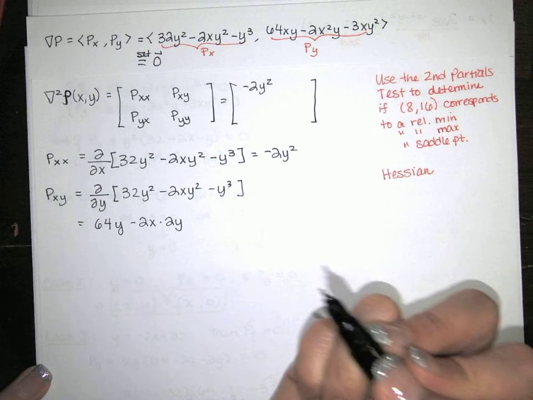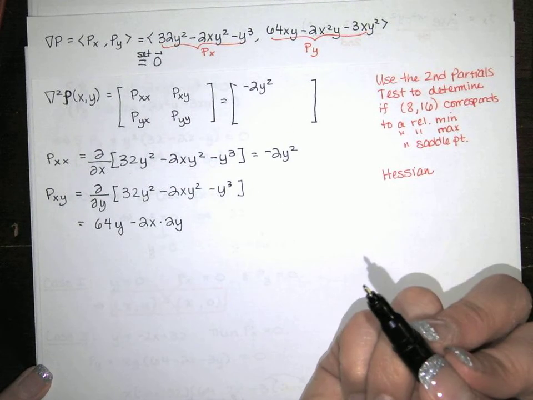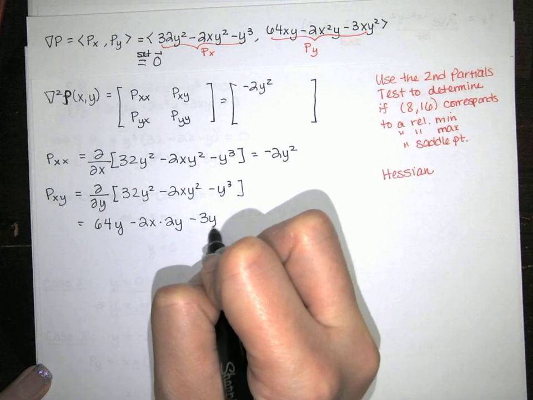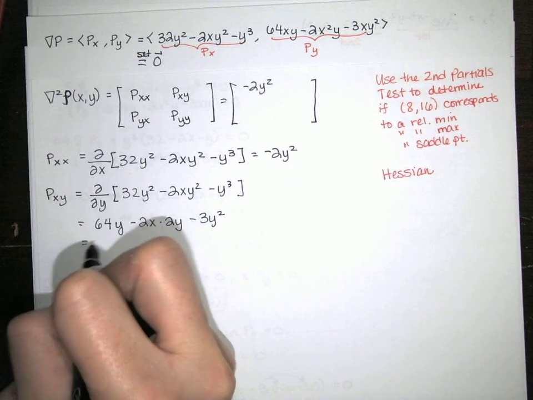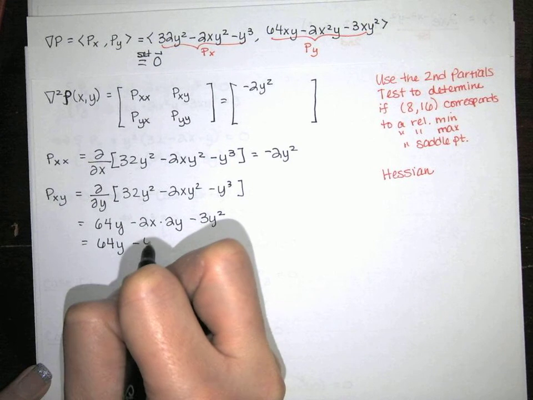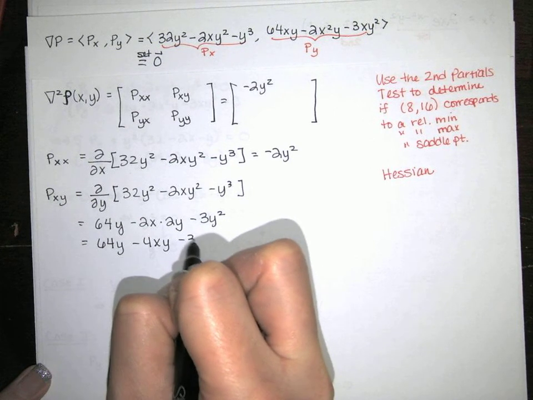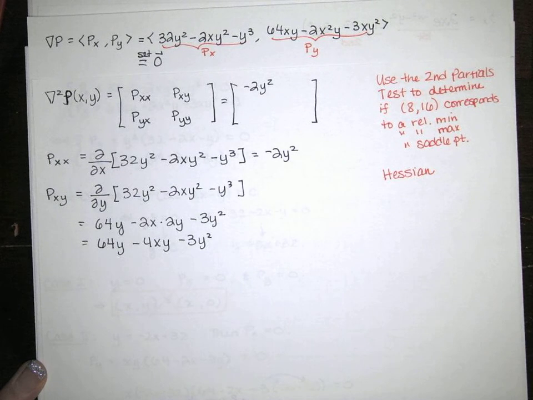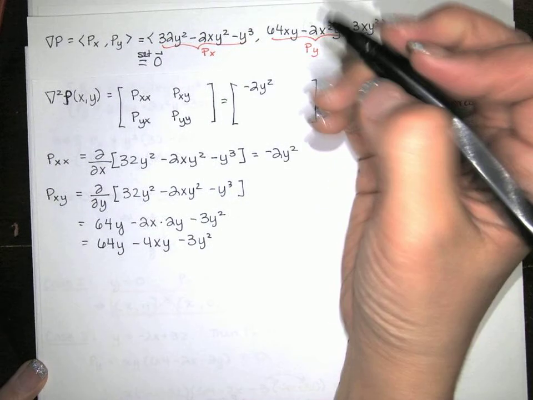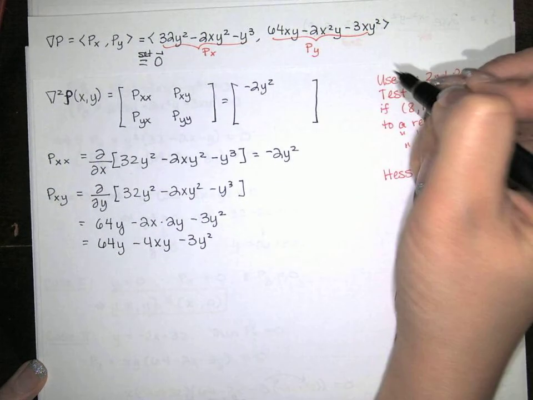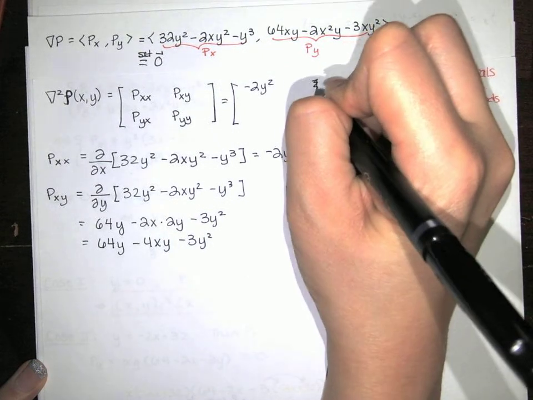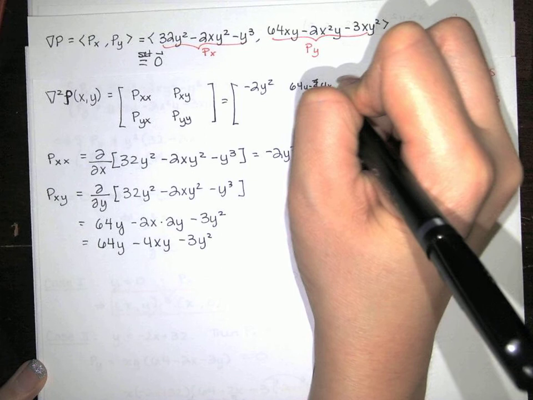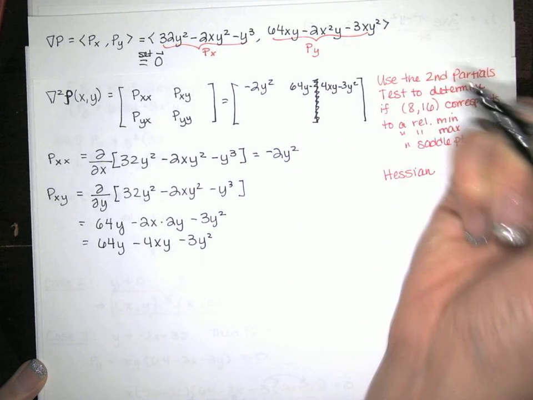So that's just a 2y. And then I take the derivative of negative y cubed with respect to y, and that's 3y squared. So we end up with 64y minus 4xy minus 3y squared. I didn't leave myself nearly enough space right there to write that partial. So I'll say 64y minus 4xy minus 3y squared goes there.